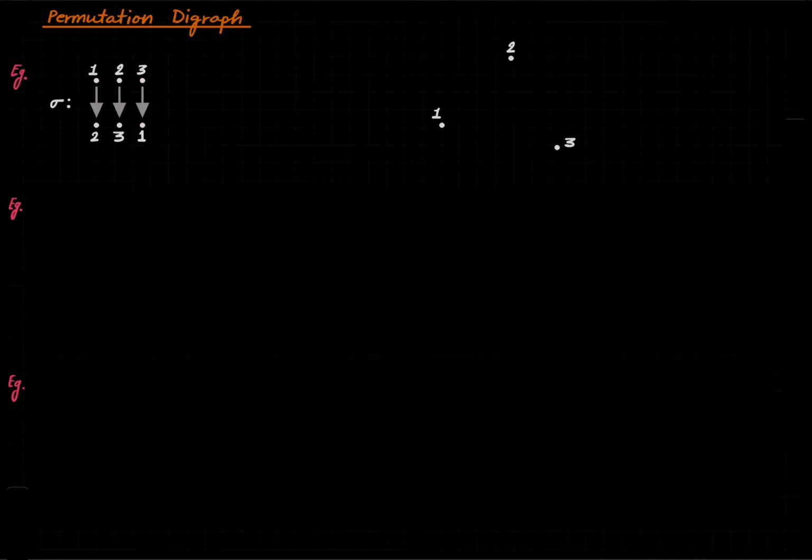So it sends 1 to 2, it sends 2 to 3, and 3 to 1. So either we write this whole thing down, or we just draw this nice diagram. It's capturing the same information.